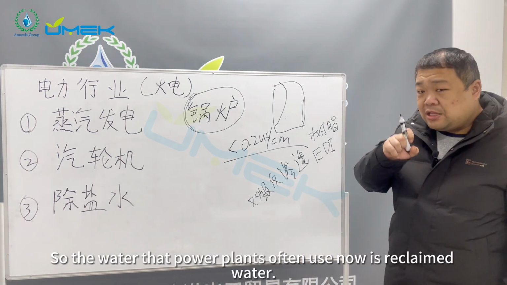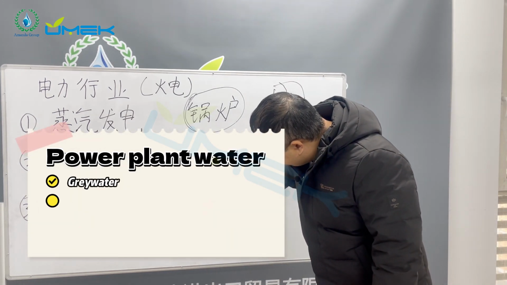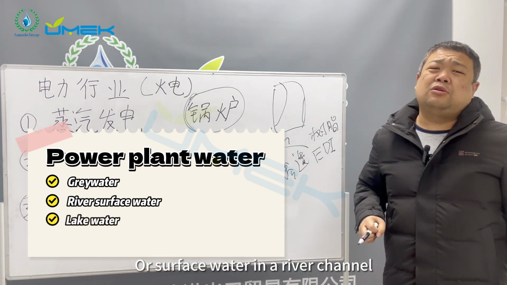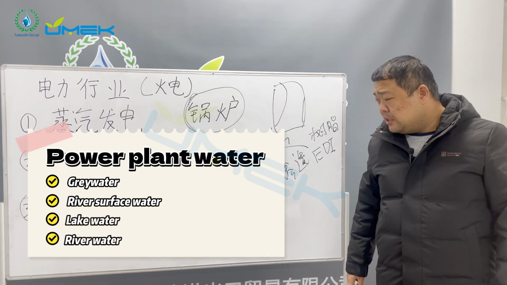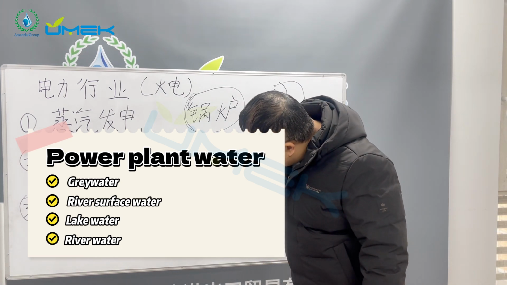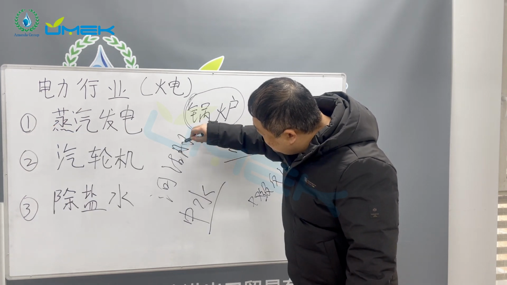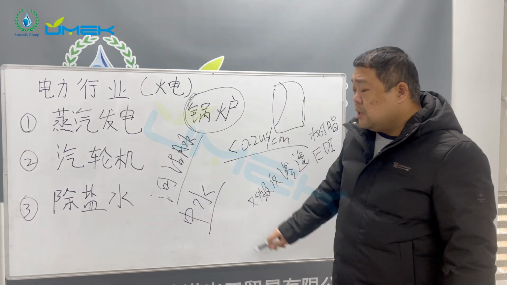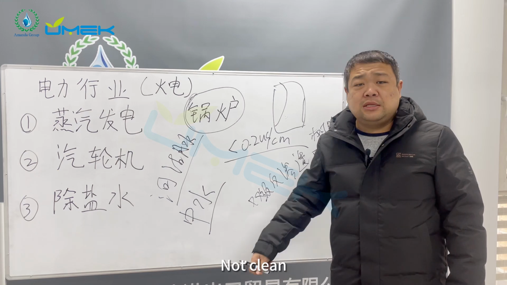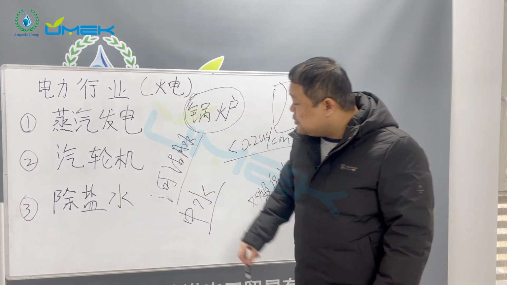So the water that power plants often use now is reclaimed water or surface water in a river channel: reclaimed water, rivers, lakes. Both of these waters are particularly bad, not clean, unlike drinking water and clean well water.